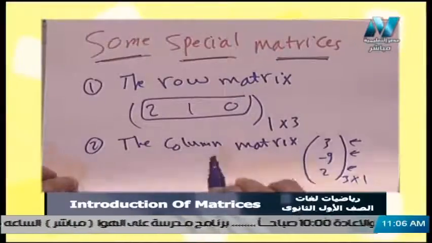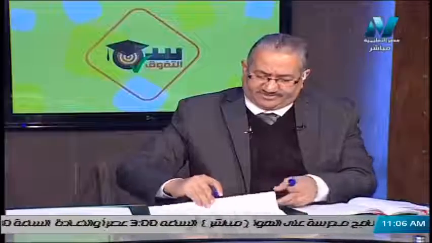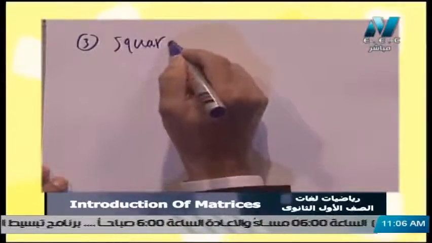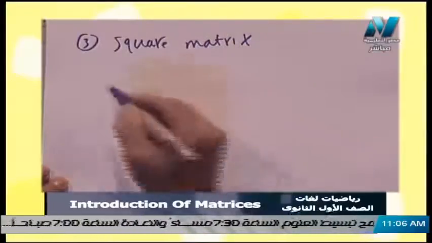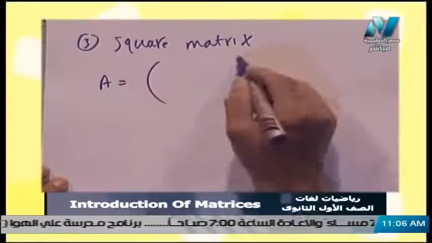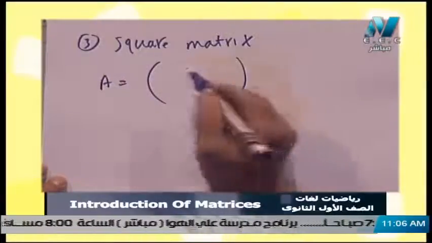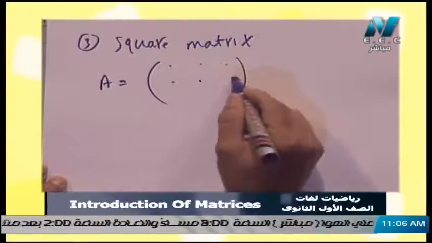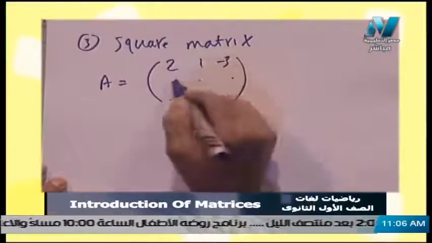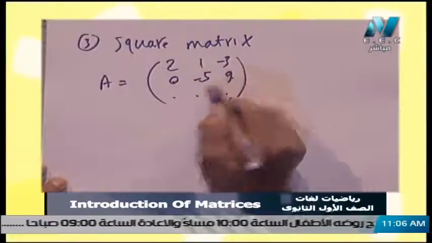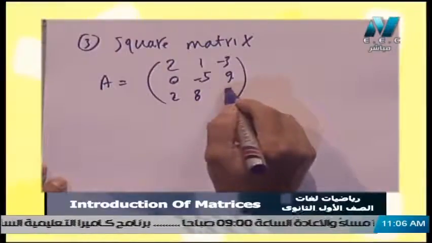Some other properties of matrices. Number 3, square matrix. Square matrix, as its name, is like the square. If I have a matrix like that, the number of rows here will be the number of columns. Say 2, 1, -3, 0, -5, 9, 2, 8, 15.